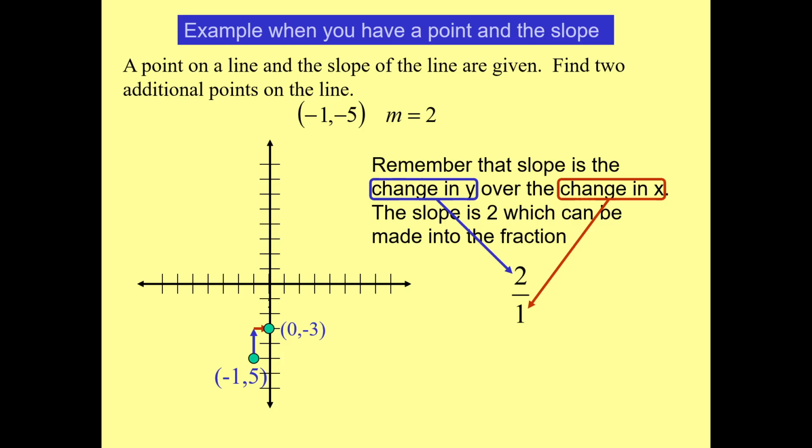Change in x is changing by 1 unit, so I'll go up 1. Changing by 2 units, 1, -5. So they're going up in this direction. The change remains the same.